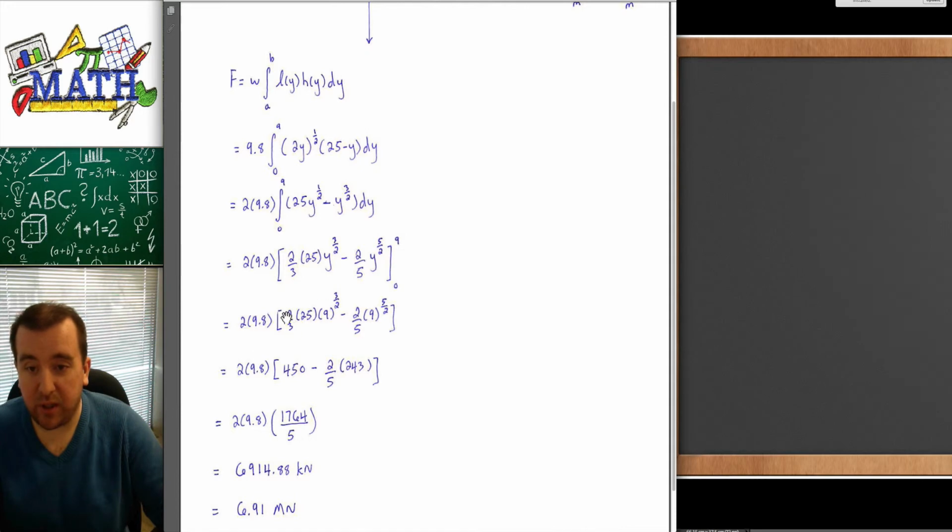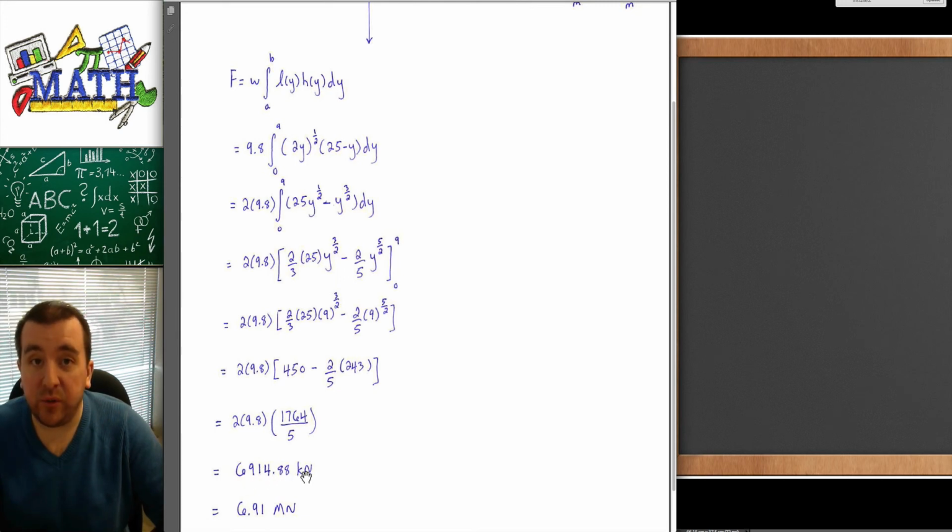So if we multiply all that out, 2 times 25 times our 9 that we get from reducing the 9, 3 over 2, and the 3, we get 450. And then the same here, 9 to the 5 over 2 is 243, you could check that out, and times 2 over 5.